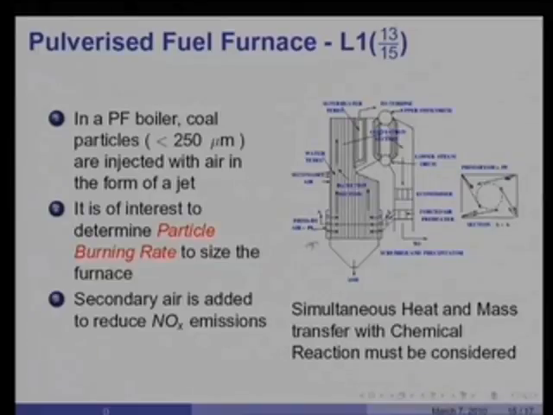What is the rate at which these particles are going to burn, so as to make sure that the height of the furnace is sufficient and all particles are completely burnt before the flue gases go out through their exit. Nowadays, secondary air is also added somewhere above where the nozzles or the burners are, in order to lower the temperature of the hot gases and thereby reduce NOx emissions.